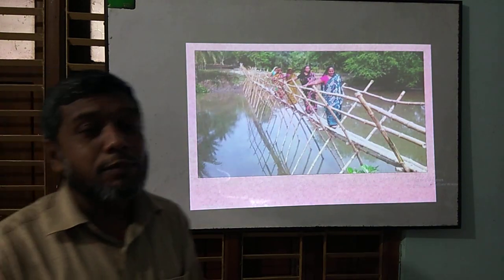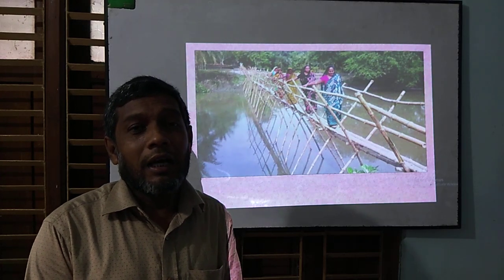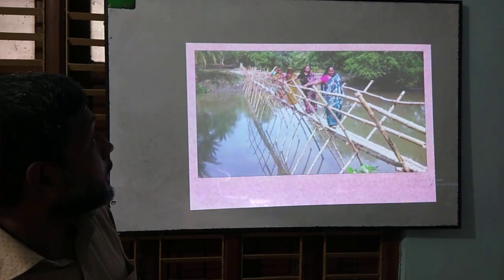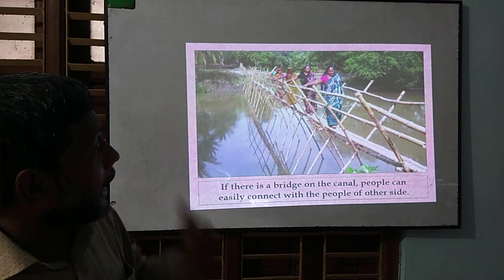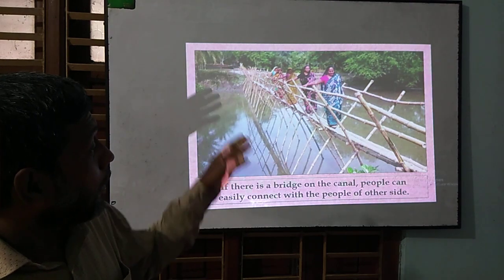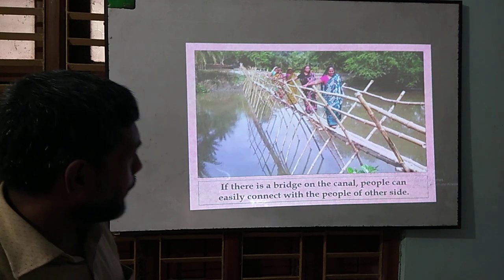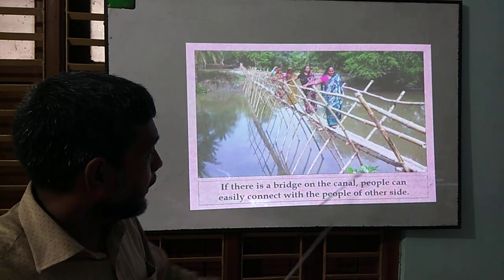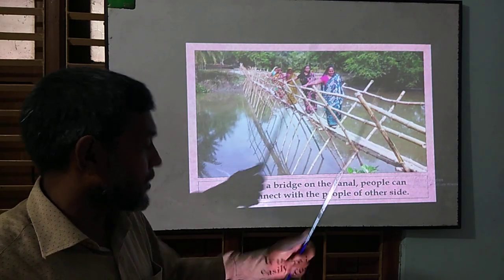So dear students, before going to our lessons, just look at the picture. What do you see in the picture? Some women are crossing a river with the help of a bridge. If there is a bridge on the canal, people can easily connect with the people of the other side.